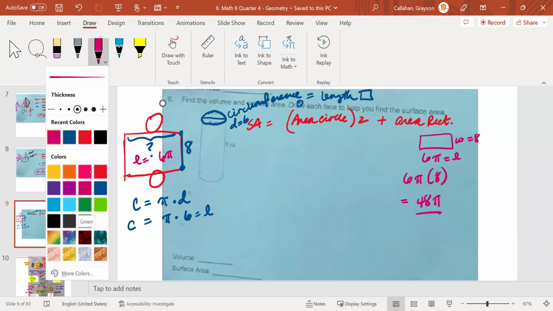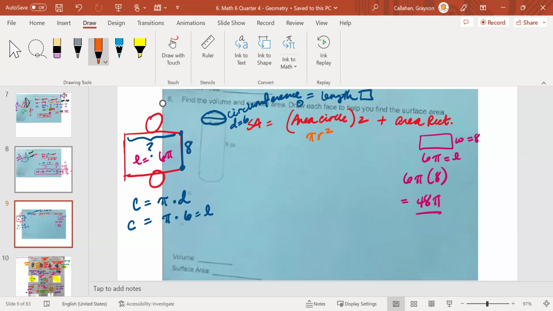Now let's look at the circle. The circle will be easier to find because the area of the circle is just pi r squared. What is the radius of the circle from here to here? Your diameter was 6, so what's your radius? Yeah, so pi times 3 squared. 3 times 3 is 9, but then there are 2 of them, right? So that's going to give you 18 pi. Do you see that?